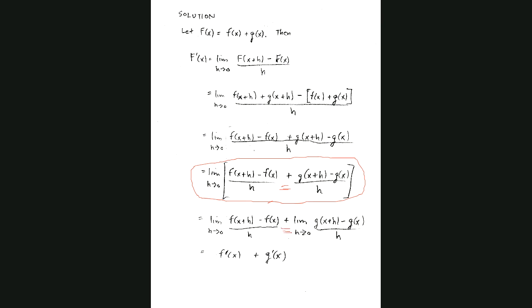And when we say that f and g are differentiable, that means the derivatives exist for f and g. So the derivatives have to follow the limit laws because a derivative is defined as a limit. F prime of x is the limit of f of x plus h minus f of x all divided by h. So yeah.